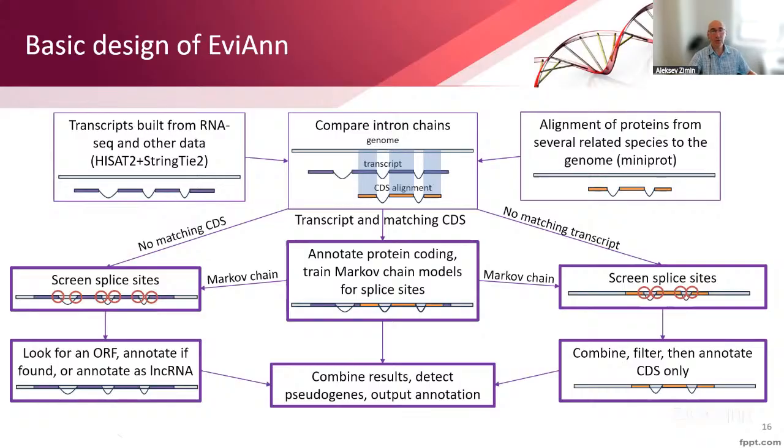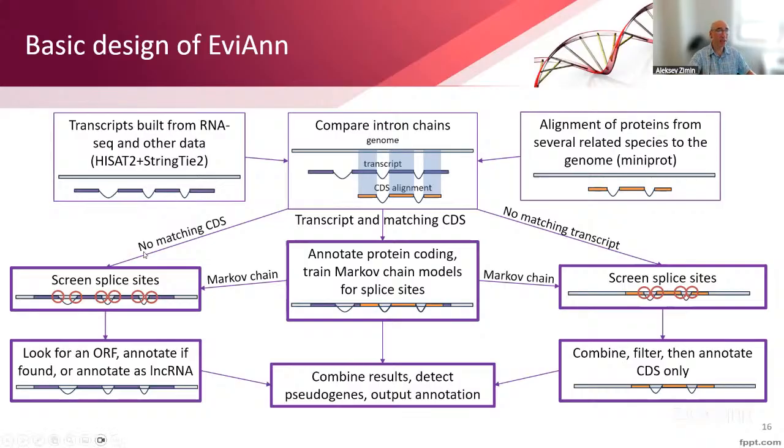There are also algorithms to deal with inconsistencies. Let's say both transcripts and CDS do pass, but there is no real intron chain match. Some splice sites do mismatch between aligned proteins and transcripts, and we do have algorithms to deal with that inside EviAnn to create a combined gene model.